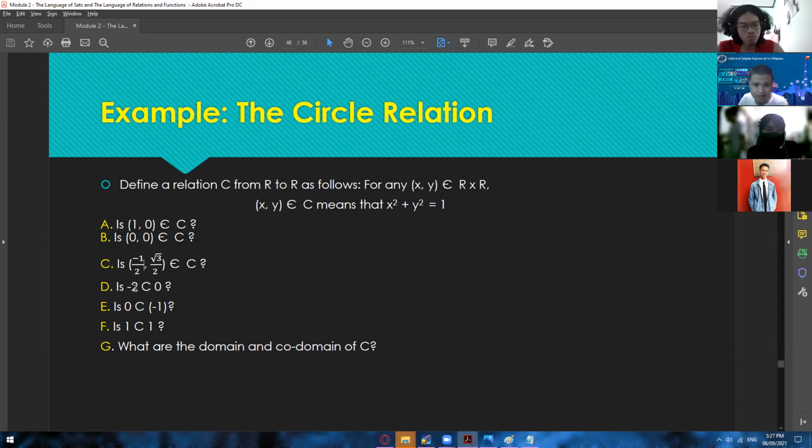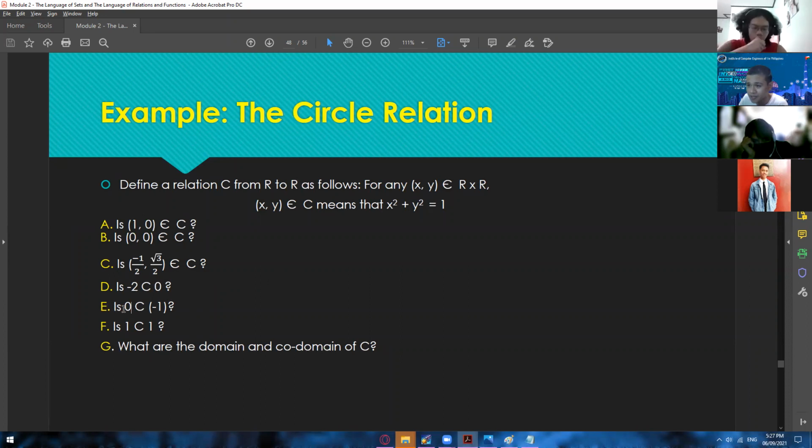Letter D, is it yes or no? Is this ordered pair an element of the circle relation? Or we could just say, is -2 in relationship with the element 0? So letter D is no.